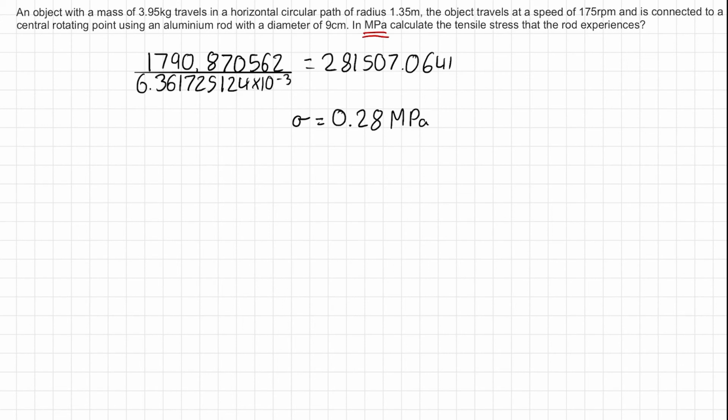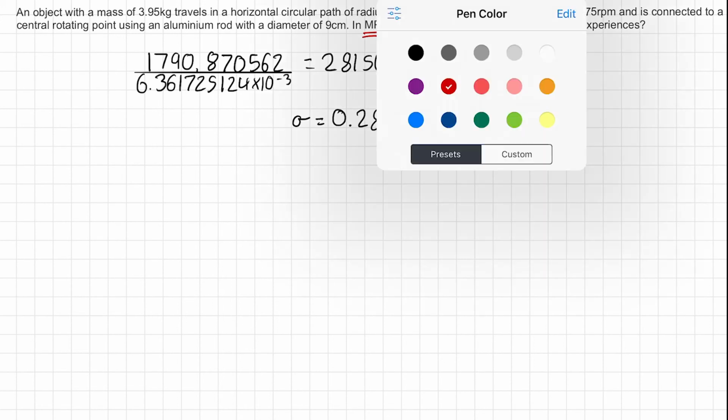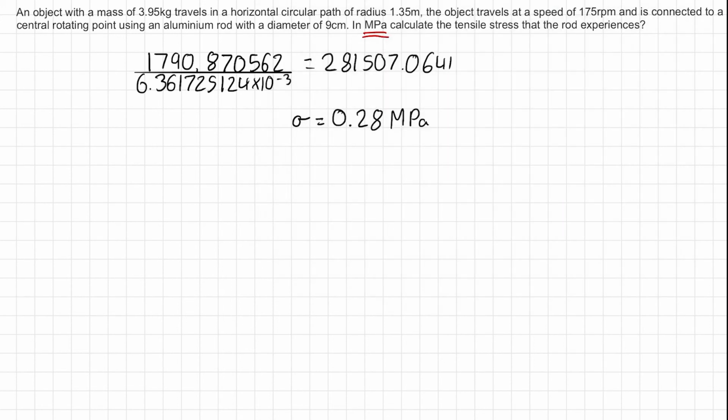Now earlier I mentioned why we shouldn't simplify anything as we're going through it, and this is the reason. If we were to do the last step again, but this time just to 2 decimal places, over 6.36 times 10 to the minus 3, it would give us 281,583.33.